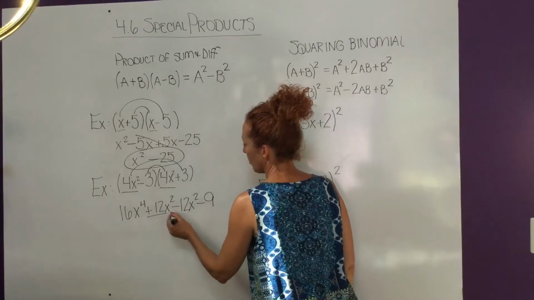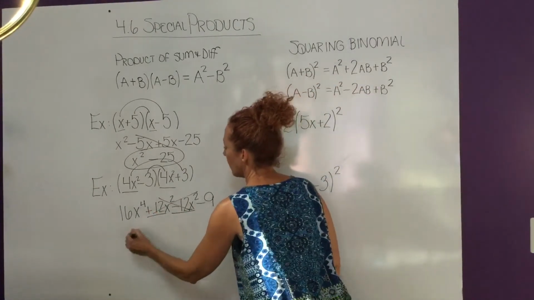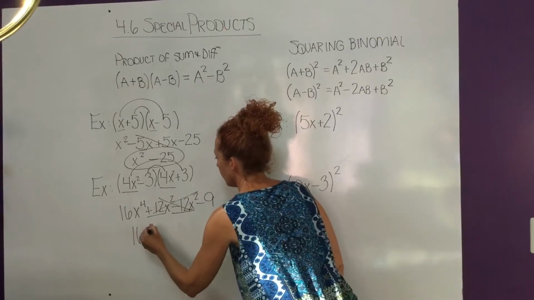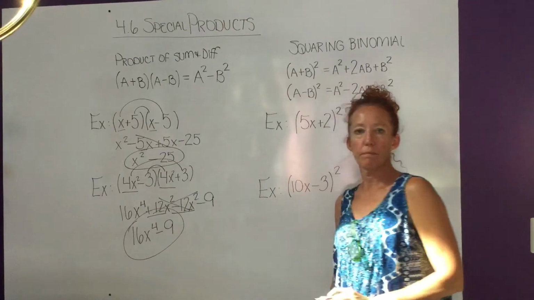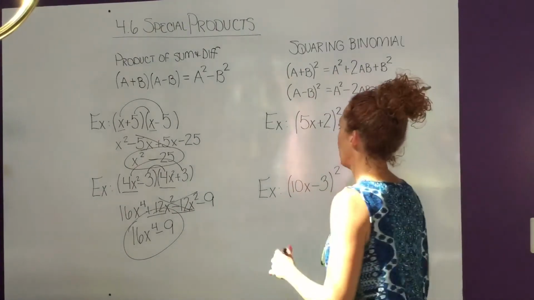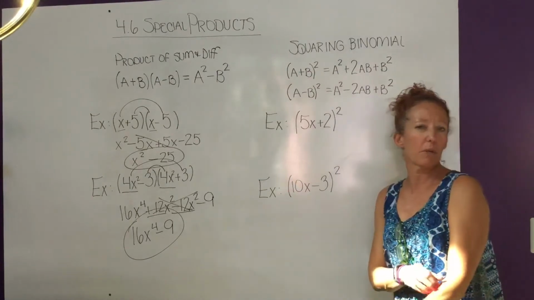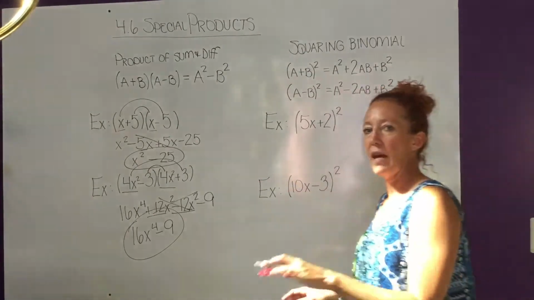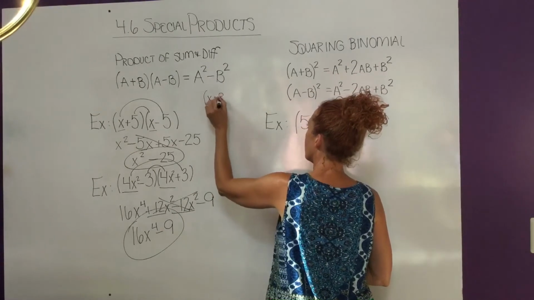The middle 2 terms are opposites, so they're going to cancel each other out. Final answer. And we're done. Maybe you have room off to the side. I know if you copied all this beautifully, you probably don't have a lot of space to add, so maybe somewhere else, just off to the side.